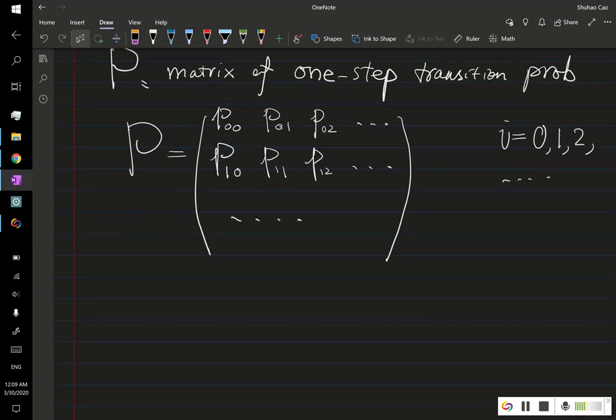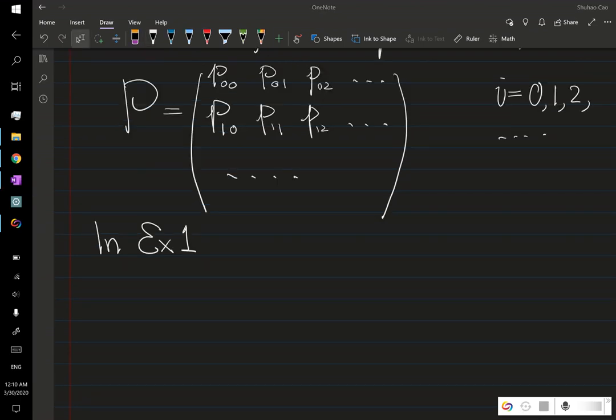So for example, in example 1, which is whether it's going to rain or not rain, state 0 means rain, and state 1 means not rain.